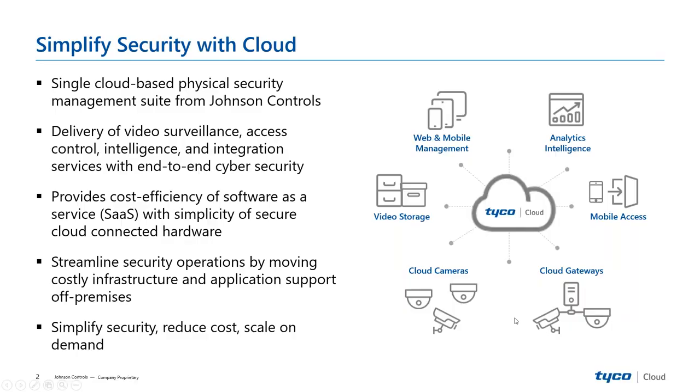So a few years ago, Tyco JCI launched the Taiko Cloud, where it manages a lot of things. It was primarily a video system, a cloud video platform, fully video. You have cloud storage and you have your cameras, and you can access the video from everywhere.